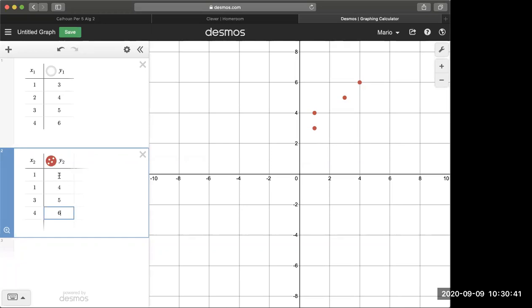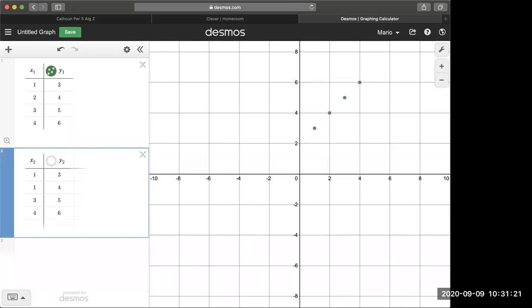Every X has to have exactly one Y value. So this example is not a function because for your X value, 1, you have the points (1, 3) and (1, 4). So that X value cannot have 2 different Y values. Any relationship where that never occurs is a function. Like I say, this is not a function, whereas this is an example of a function.